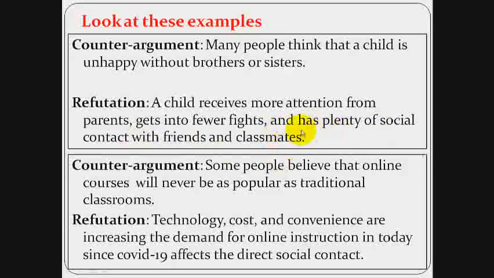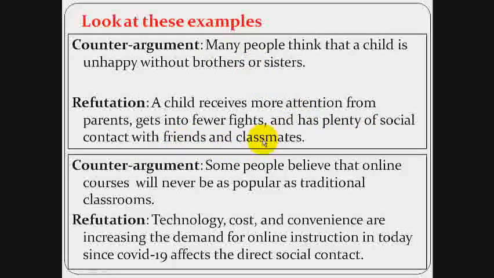In this one, it is completely opposite to this information. In this one, it is saying there should be other siblings around the child to be happy. But without siblings, there is plenty of social contact with friends and classmates.